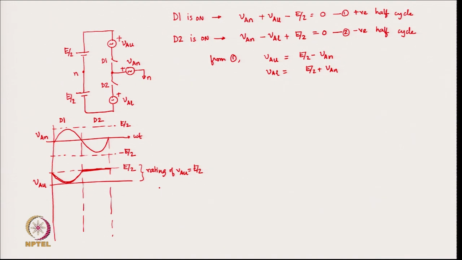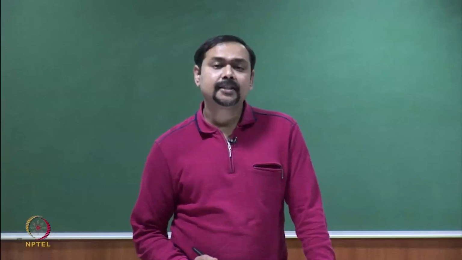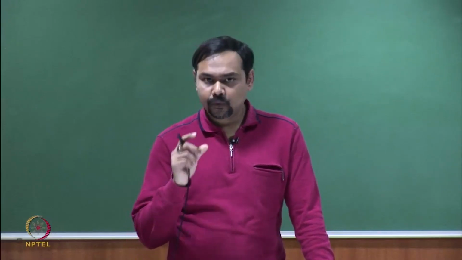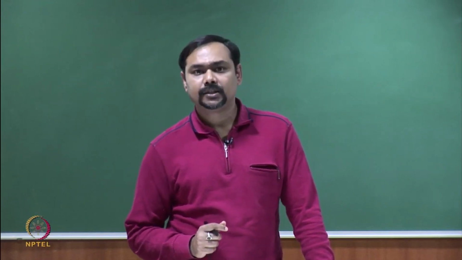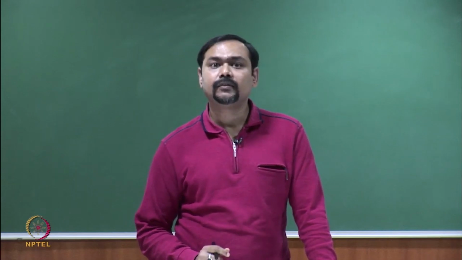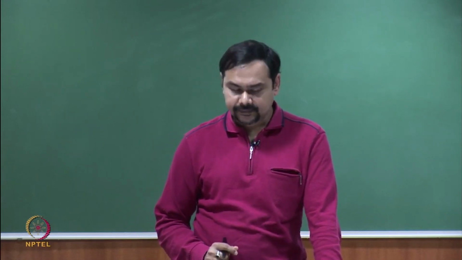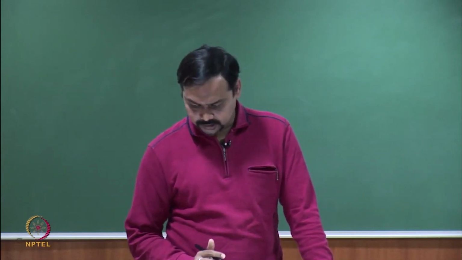Remember, in the conventional MMC we had said that the voltage rating of the arm is equal to the total DC link voltage. Here the voltage rating of the arm is half the total DC link voltage.